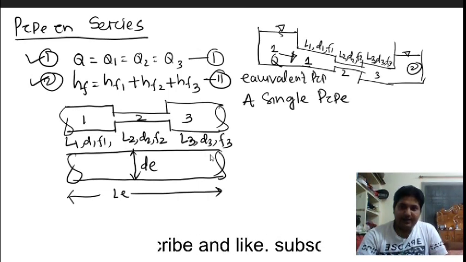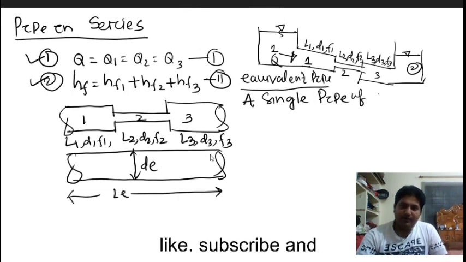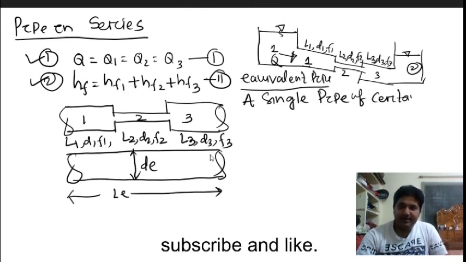The definition of the equivalent pipe: a single pipe of certain length.